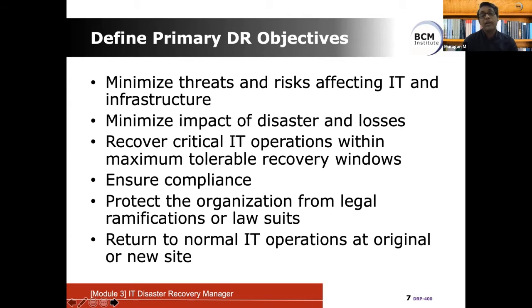However, when we have a DR or BC in place, the major objective is to minimize the impact, because every company has a risk appetite, already developed by the management, to say, hey, how much are we ready to lose during a disaster? So when we create DR and also BC, it is to ensure that the organization works within the risk appetite that has already been approved.